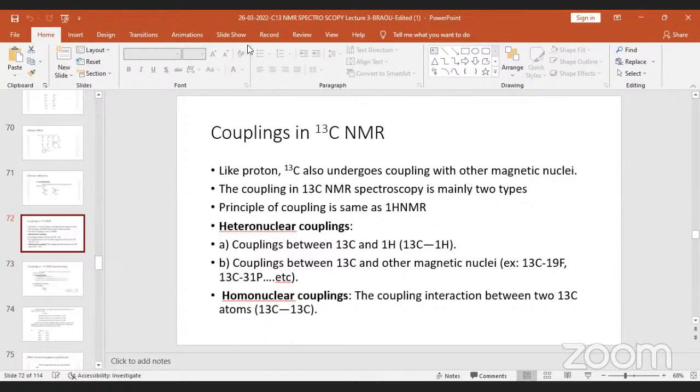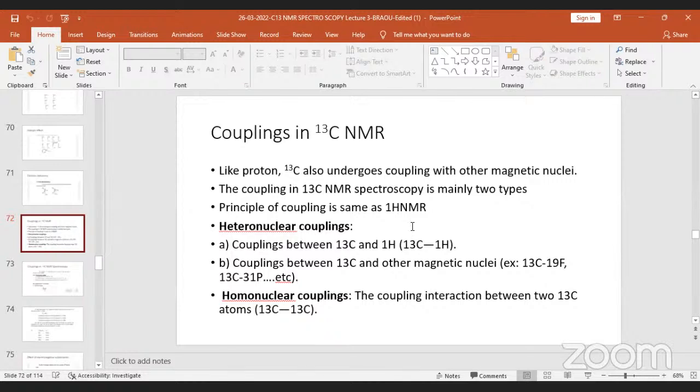The principle is the same as Proton NMR. Like proton, C13 also undergoes coupling with other magnetic nuclei, mainly hydrogen, and it can also couple with fluorine, P31, and other magnetic nuclei. They're also important, but not as significant as protons, because hydrogens are abundant in organic molecules.